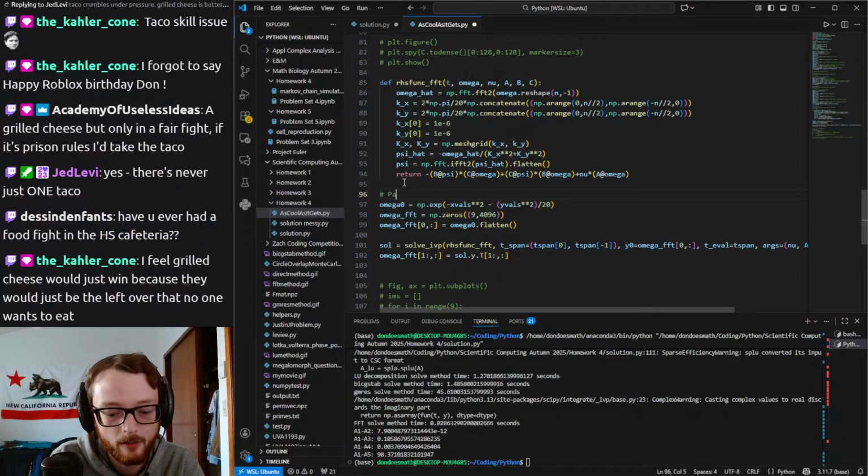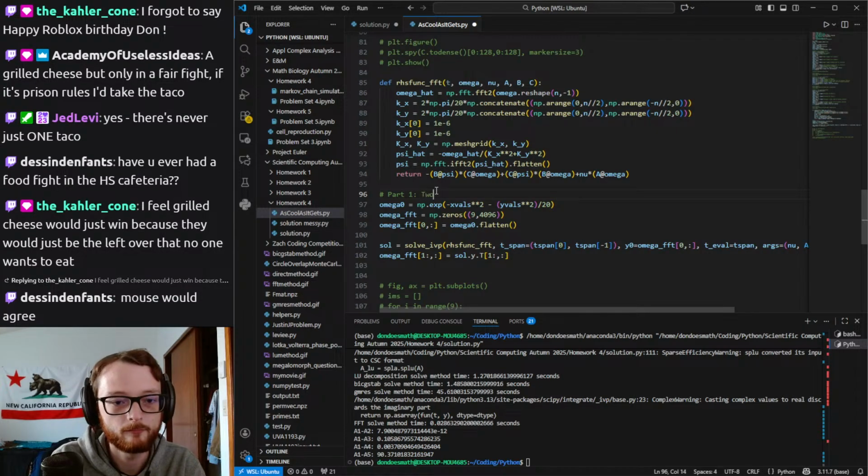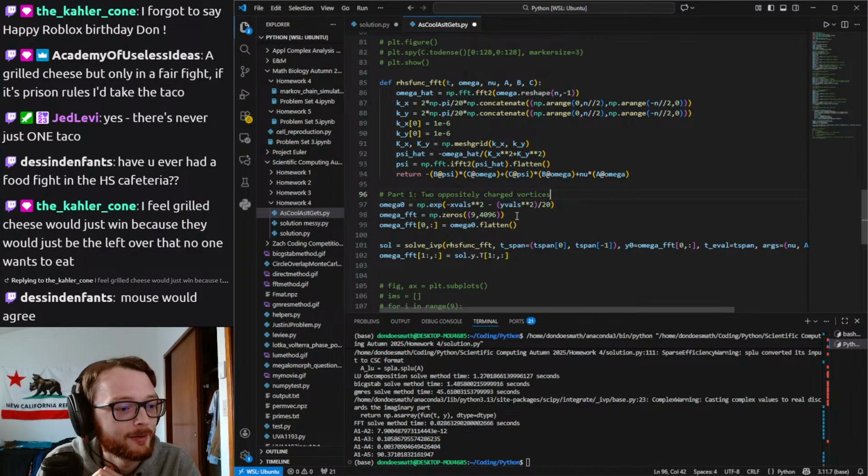Okay, so let's look at part 1. So part 1 is, what was it? 2 oppositely charged Gaussian vortices next to each other. Okay. No, I already read that.